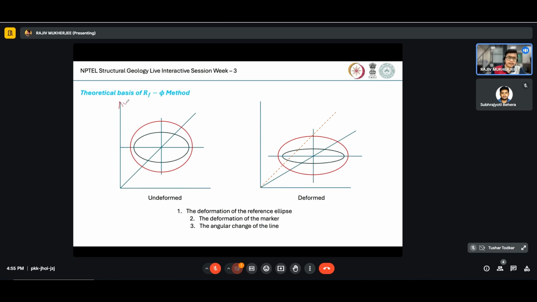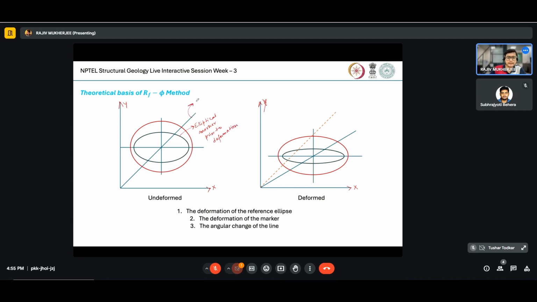So consider this is a coordinate frame XY. Now this is the elliptical marker prior to deformation, right?